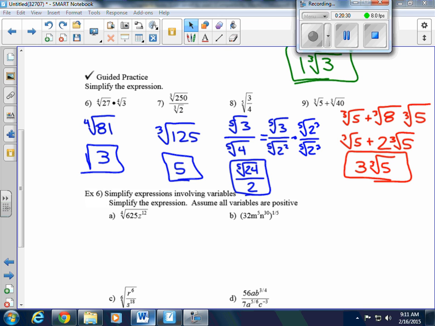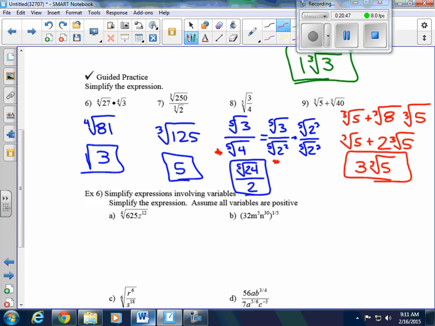Now, if you look at question number 8, I had the fifth root of 4 right here. Well, I switched that to the fifth root of 2 squared, just because it was going to be easier for me to do that.